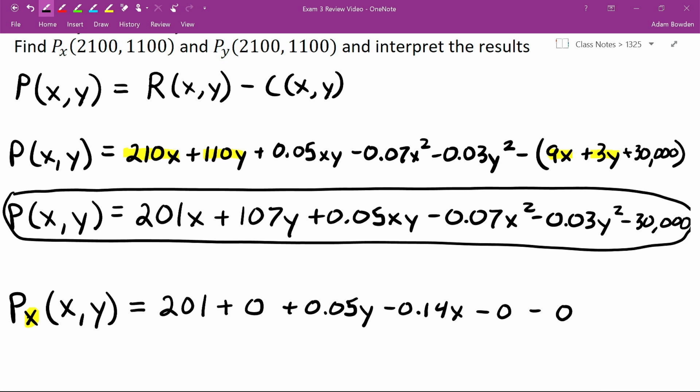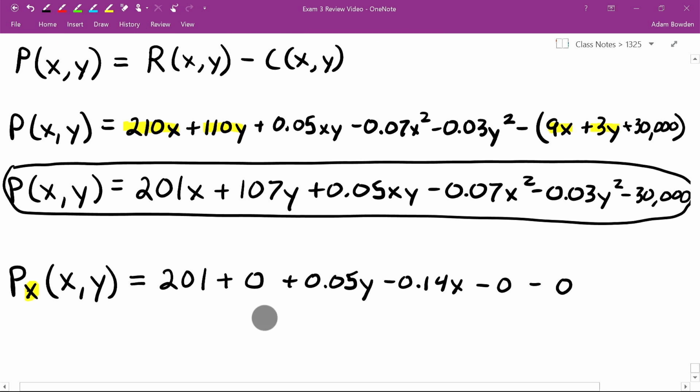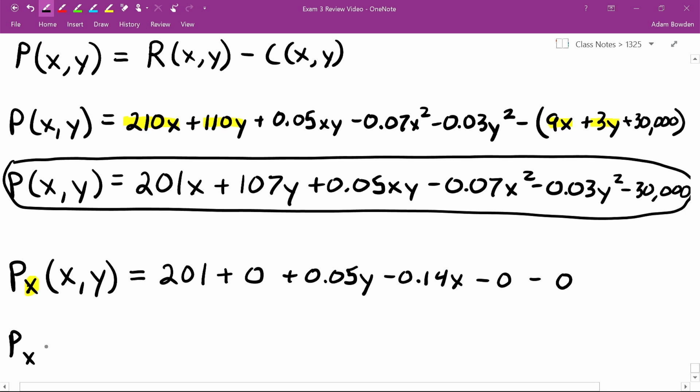Again, y is a constant, x is a variable, so when we go through and take the derivative, it should look something like this. Now, if we go through here and we plug in 2100 for x and 1100 for y, it's going to look something like this.